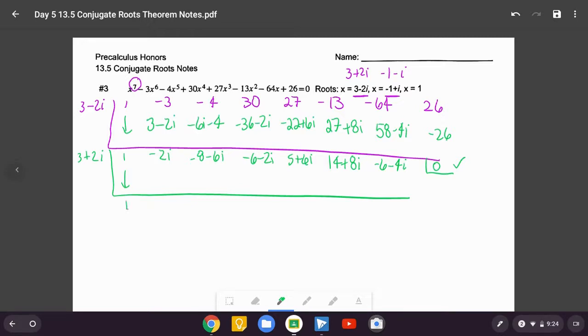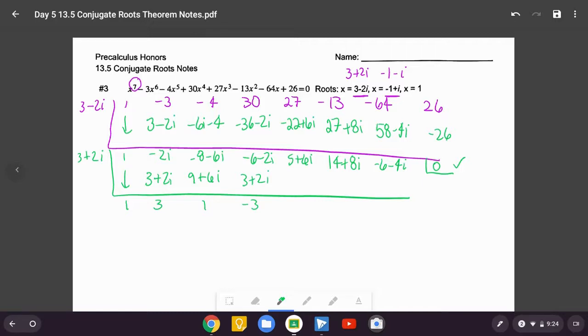All right, so I bring down the 1, I multiply, I get 3 plus 2i. So if you notice, my i's cancel, I just get 3. So I'm getting real coefficients now. Then I multiply, and I get 9 plus 6i. And that adds together, and we get 1. All right, and that gives me 3 plus 2i. And if I add, my imaginaries cancel out, and I get negative 3.